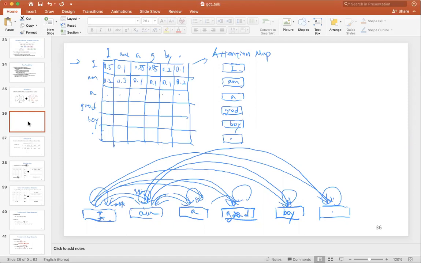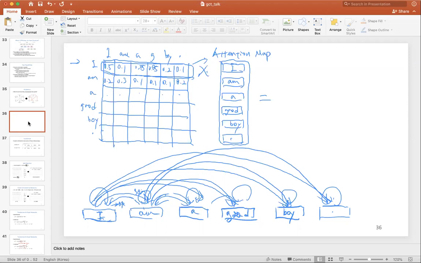So you have the percentages coming out of the I token, which is the first row. You multiply this to your embeddings, and what do you get? You get 50% of I, 10% of M, 5% of good, 20% of boy, and 10% of the period, and you add them together.